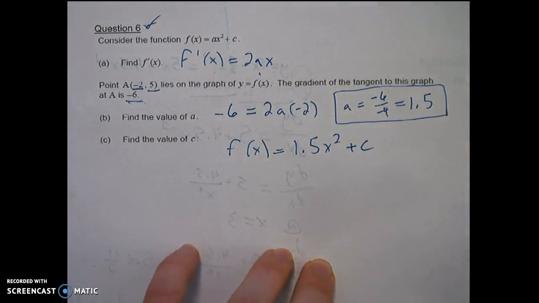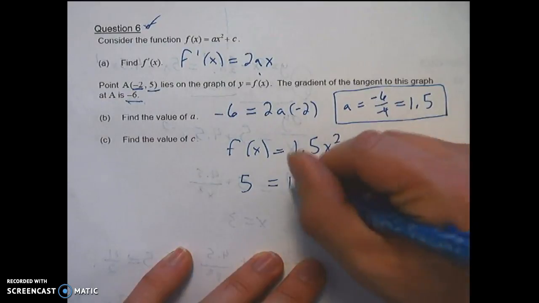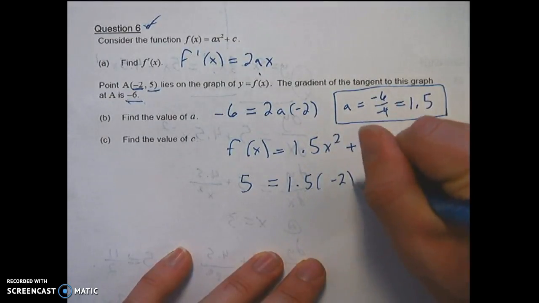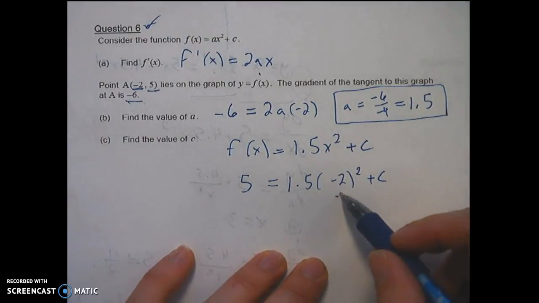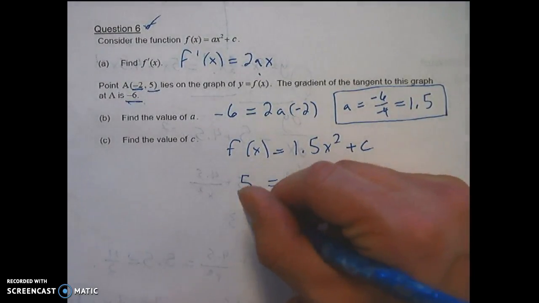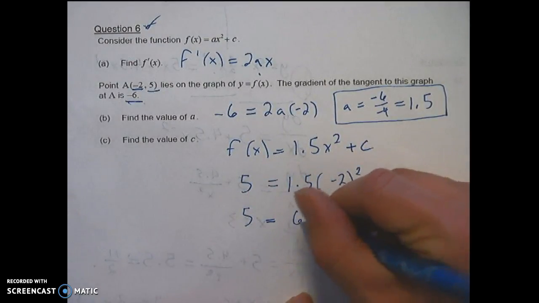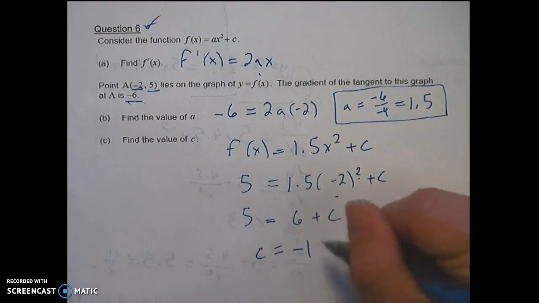If I plug in the values of x and y that I know, 5 equals 1.5 times negative 2 squared plus c, then I can solve for c. Negative 2 squared is 4, times 1.5 is 6. So 5 equals 6 plus c. c must equal negative 1.